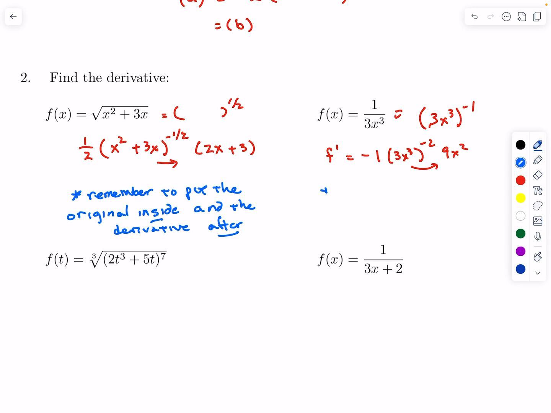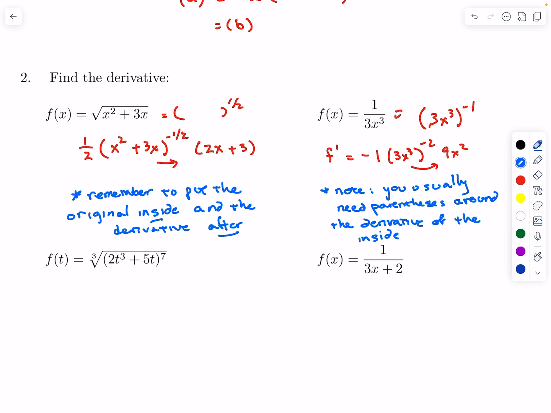Also a little note. Okay, so normally we need to put parentheses around the derivative of the inside. This one you don't because it's just one term. Okay, next.